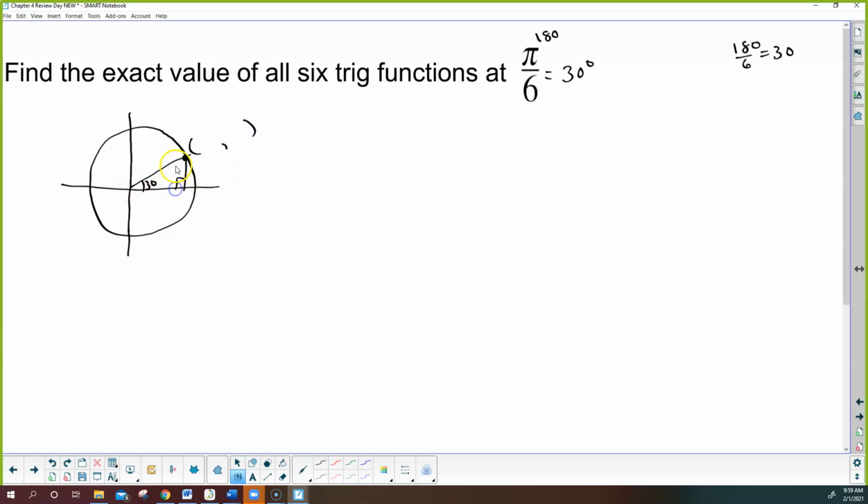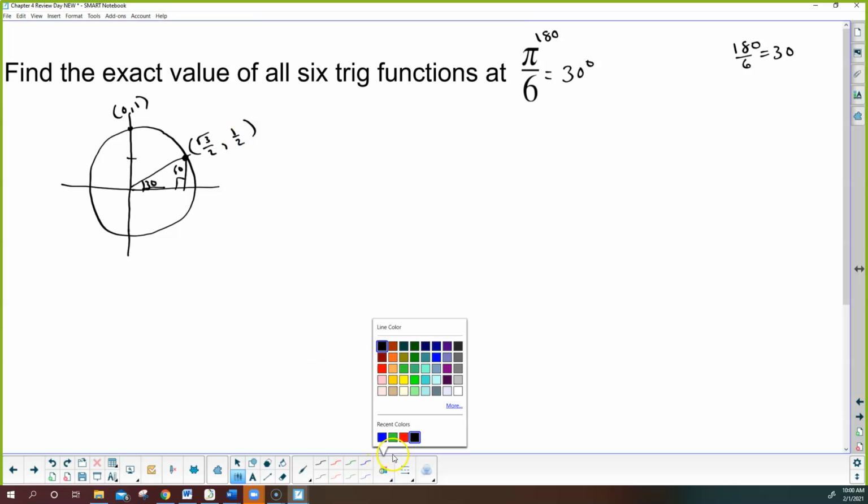And there's a couple ways to do this. In the unit circle, this is the longer side, and the longer side was square root 3 over 2, and then we went up half the value. Notice, this point right here is half the value to this point, which was 0, 1. So if I go up half of 1, that tells me the y value is 1/2.